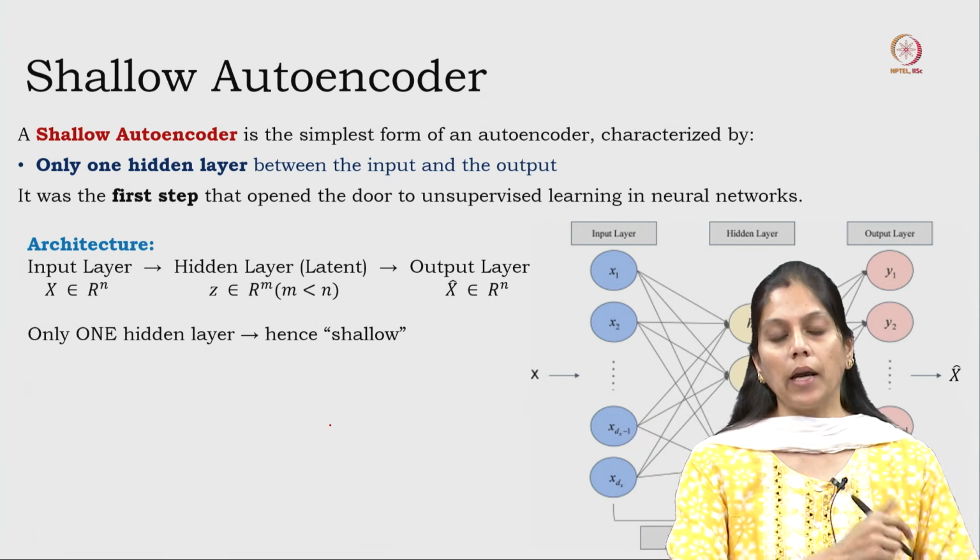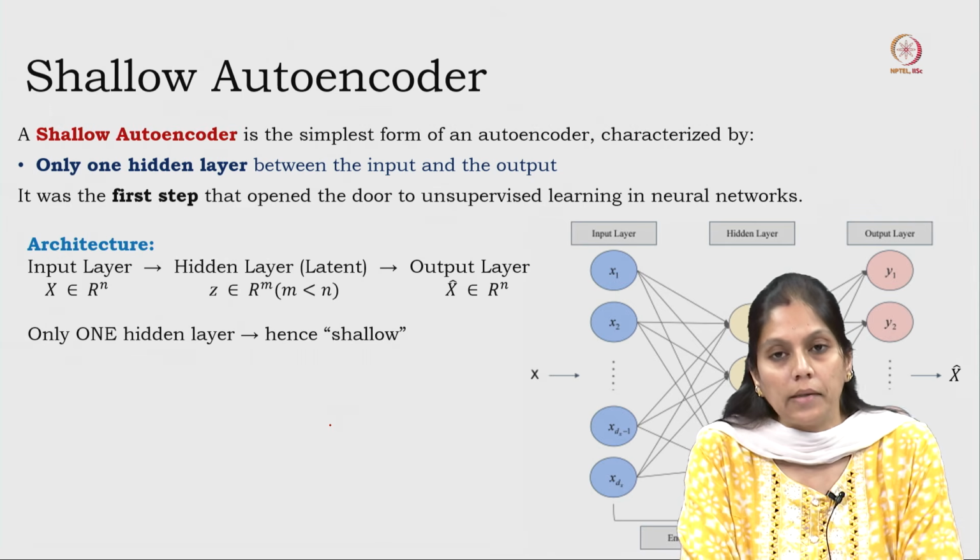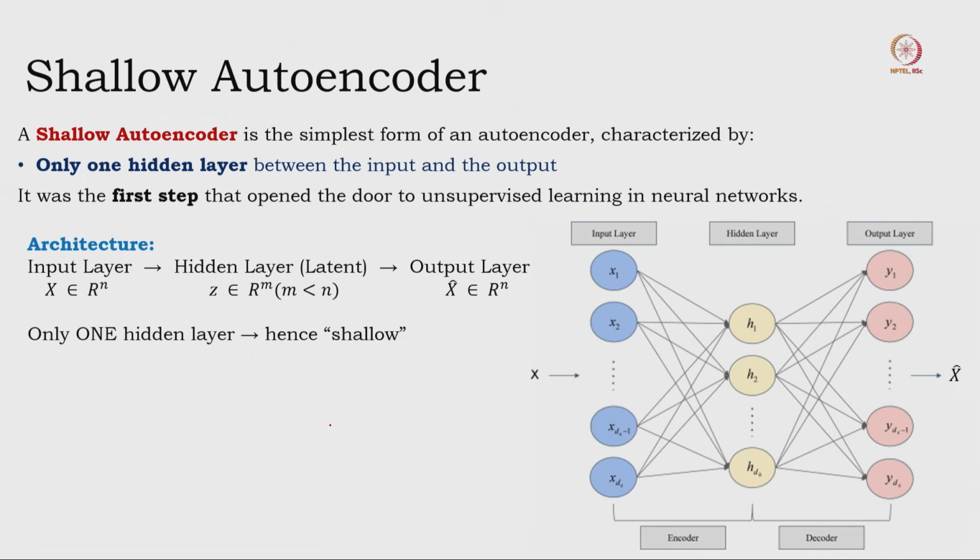The very first type of autoencoder is the shallow autoencoder. What is the role of an autoencoder? We have already seen in the previous session that it has two objectives. The first objective is to get the latent space or latent representation, and the second objective is the reconstruction.